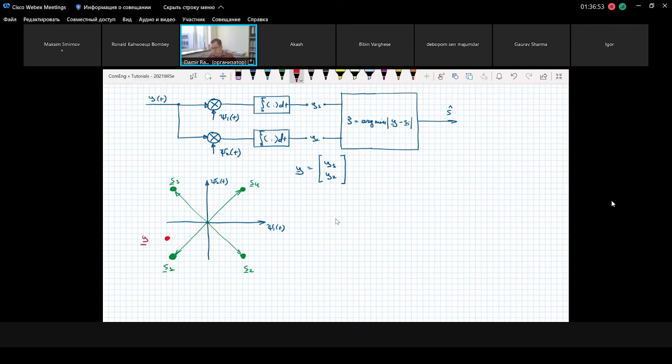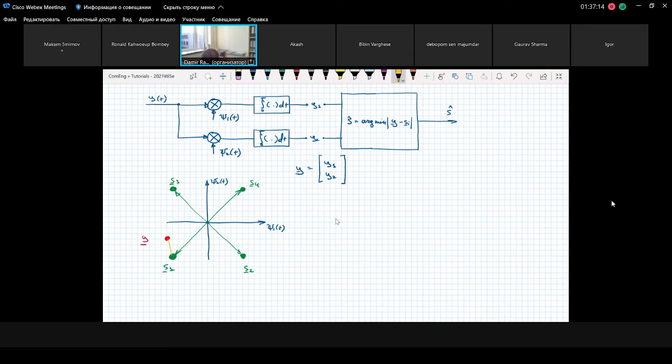And then actually what we are doing next, we calculate difference. We calculate difference between this point that we have and all signals that we have in our constellation.